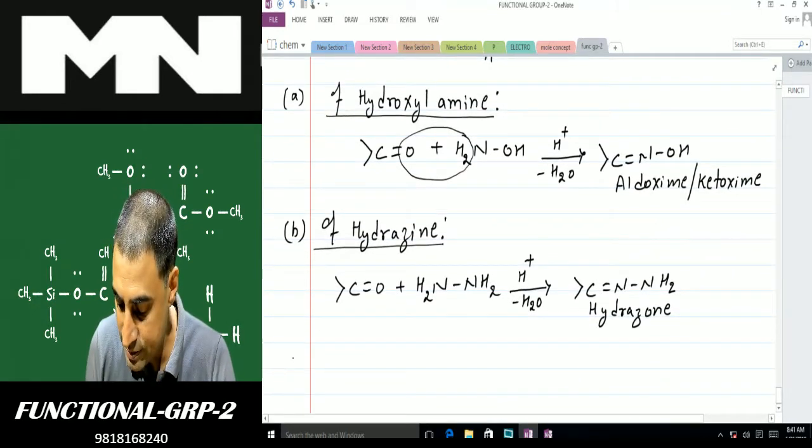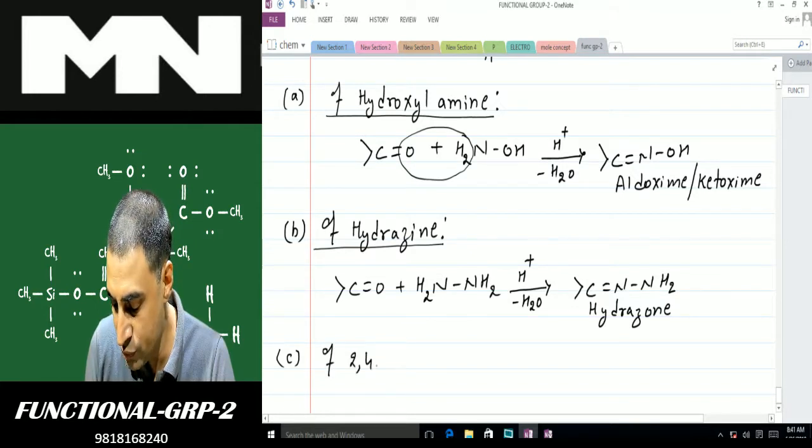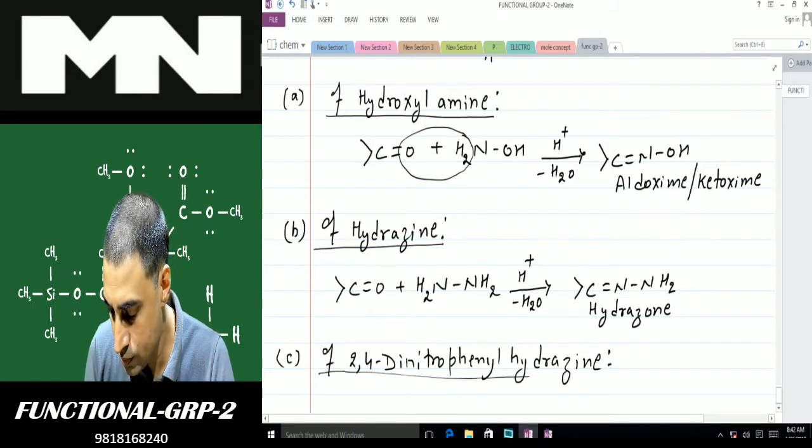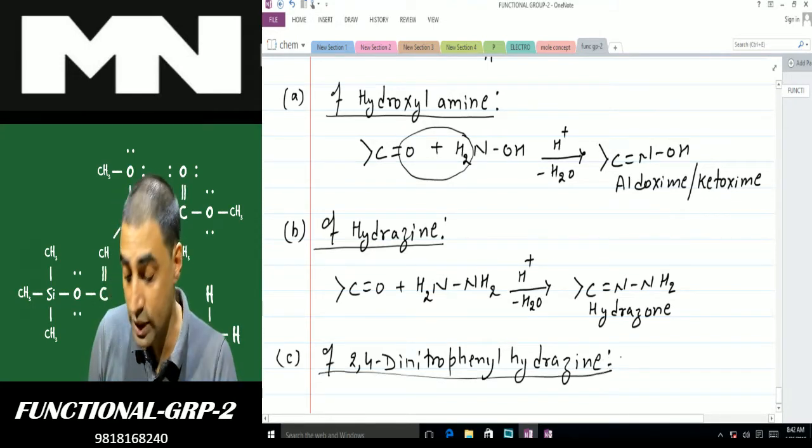Next is addition of 2,4 dinitrophenyl hydrazine.